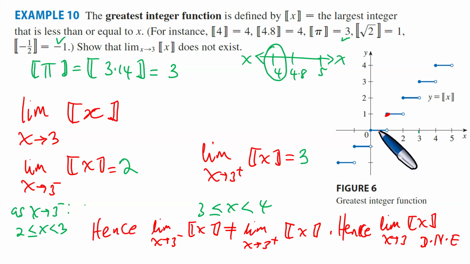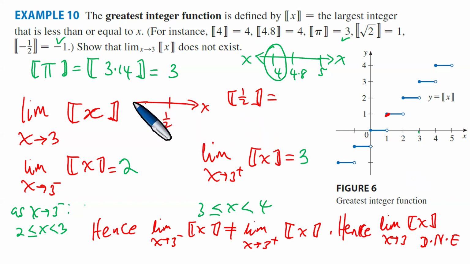But whenever x is 1/2, what is the greatest integer of 1/2? The integer that is less than or equal to 1/2. What do you think that one is, Atlehang? Okay, so it is 0 and then 1.